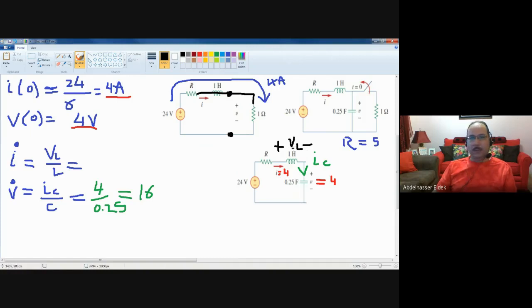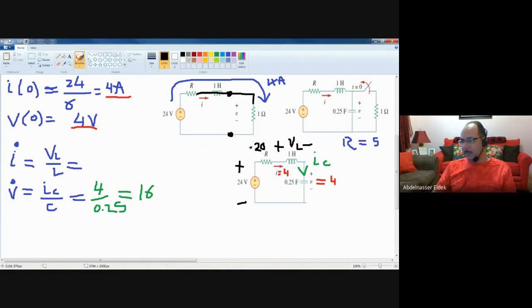So for VL, we need to use Kirchhoff voltage law. Here we have this 24 volt. R is 5 and the current is 4, so the voltage here is 20 volt. The current times resistance, 4 times 5, will be 20.